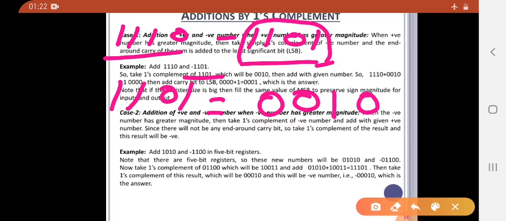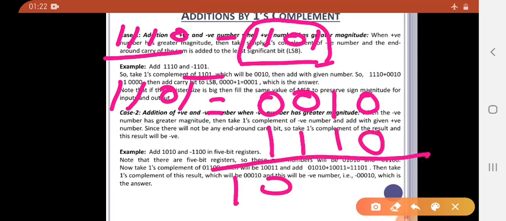Now the next step is what? After getting this value, you just add it to 1110. You will get the result 10000. So this one is your carry bit.